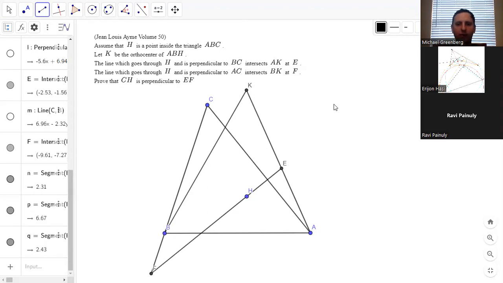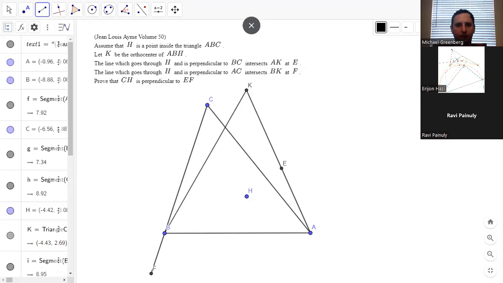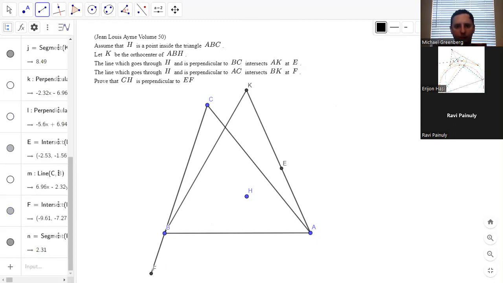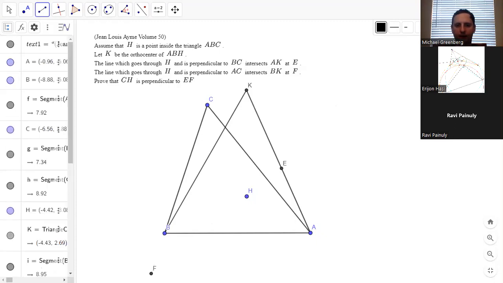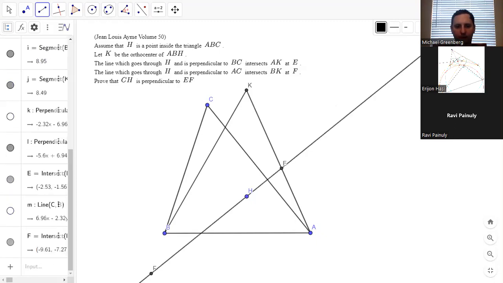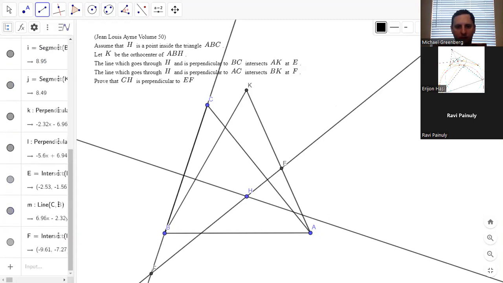Oh, I don't think I drew these right, did I? I want to draw the perpendicular from H to AC and BC. I don't think I drew point F right. Oh, maybe I did. Oh, no, I didn't.